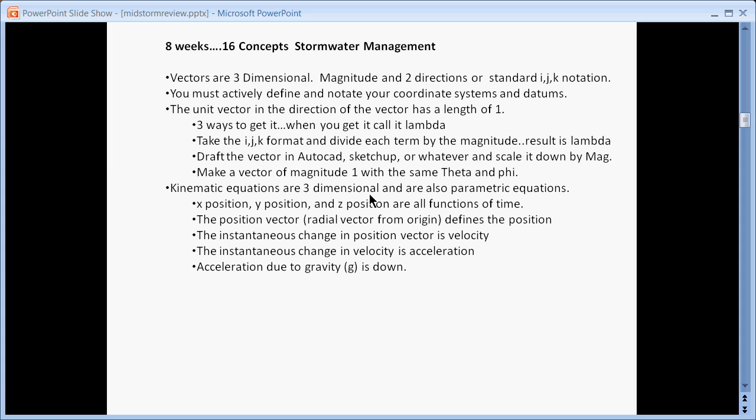We've looked at, again, the fact that a position is nothing more than a position vector, usually emanating from whatever is defined as your origin, a pointer more or less to where your thing is at. That means as that position vector changes with respect to time, you get velocity, and as that velocity vector changes with respect to time, you get acceleration.